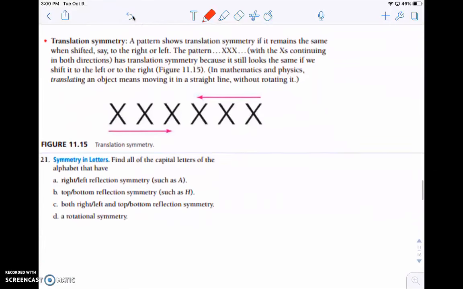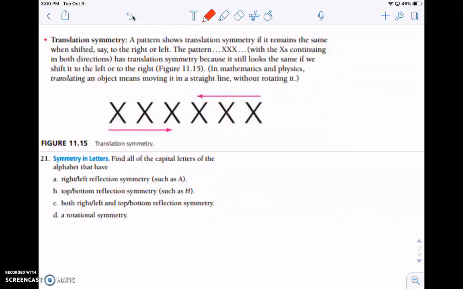Okay, translational symmetry is a pattern that shows translation. Translation means you just physically move the object from side to side or up and down and so forth. We sometimes call these shifts. Again, they look the same when you're translating around, and they maintain the same shape, same size, same orientation, and so forth.